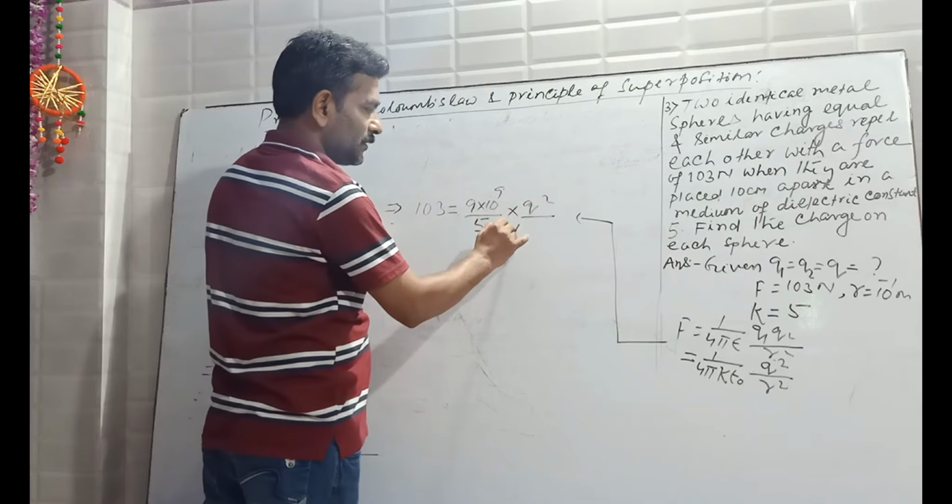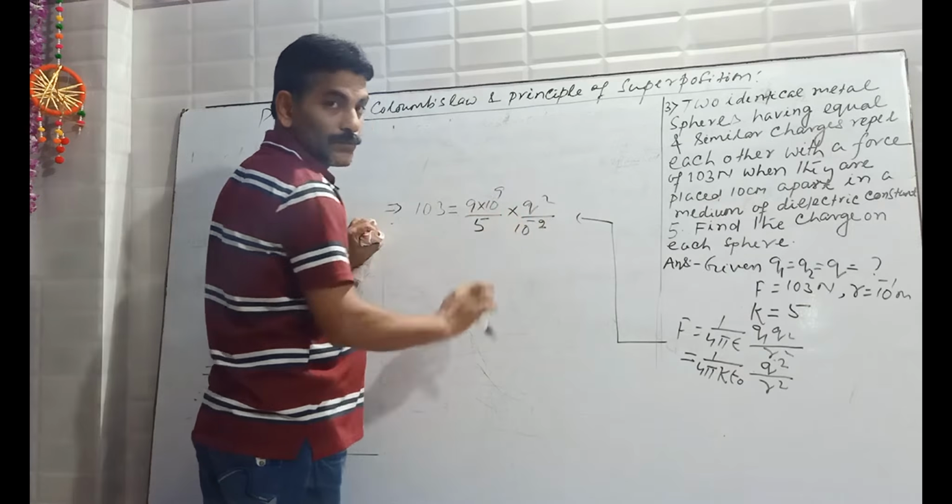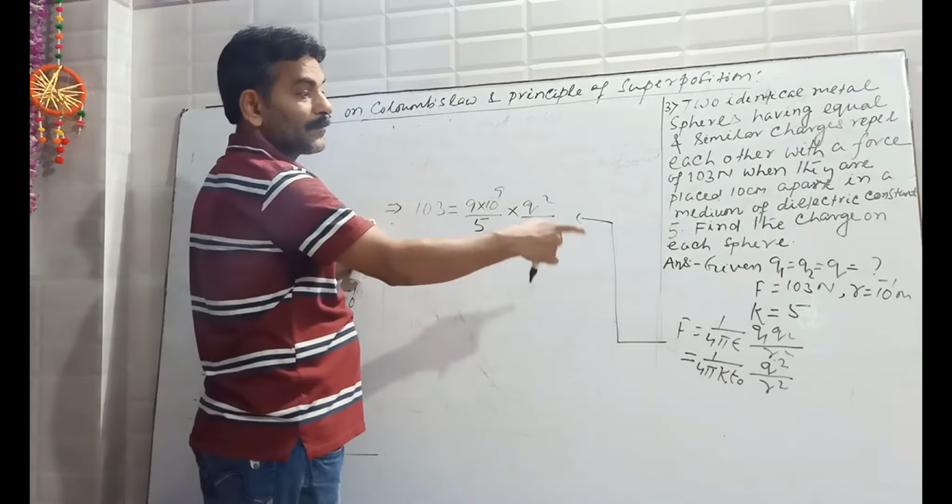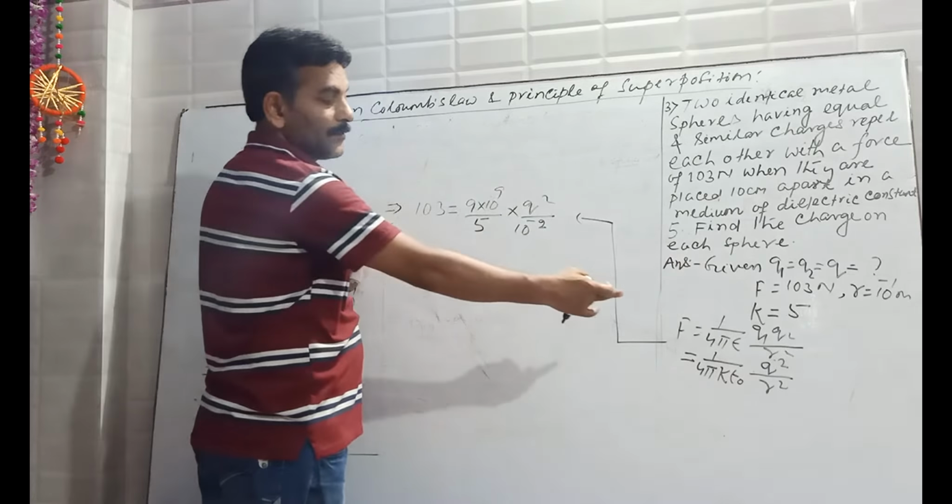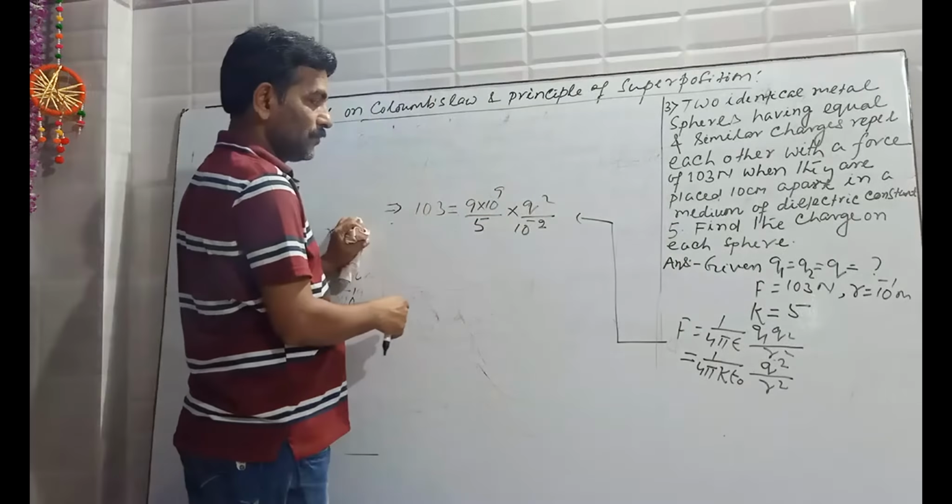R square is how much? 10 to the power minus 2 square of 10 to the power minus 1. So it will be 10 to the power minus 2.